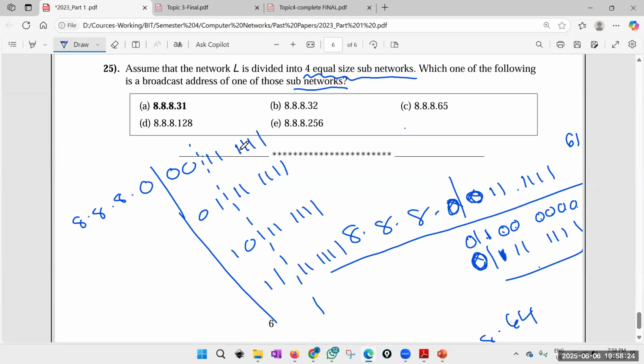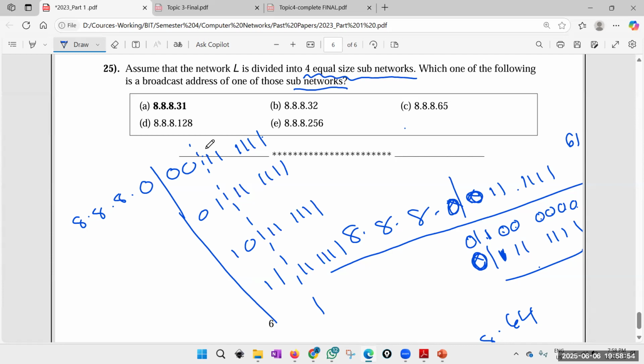1, 2, 4, 8, 1, 2, 4, 8, 16, 32, 64 minus 1. That is 60. No. 1, 2, 3, 4, 5, 6, 7, 8. This is 1. This is 2. 1, 2, 4, 8, 16, 32, 64. 64 minus 1 is.